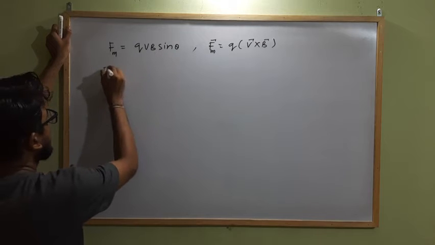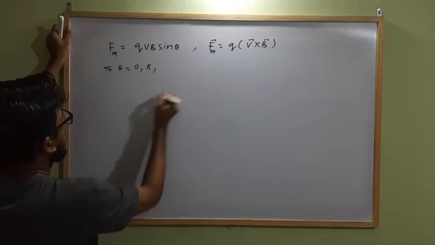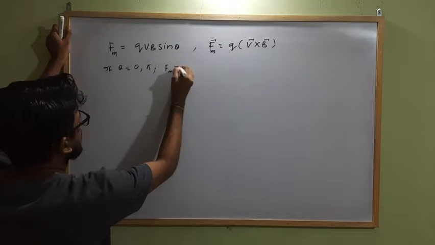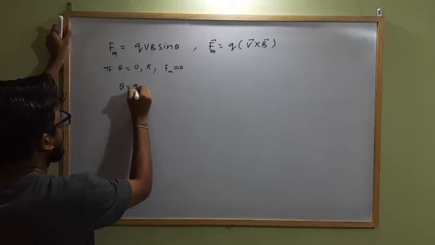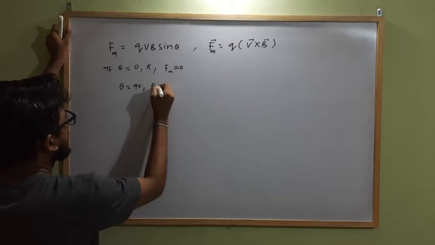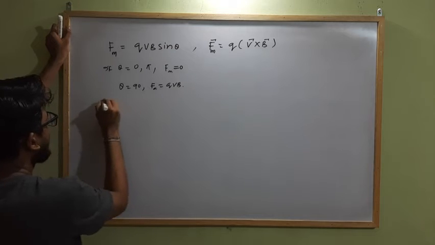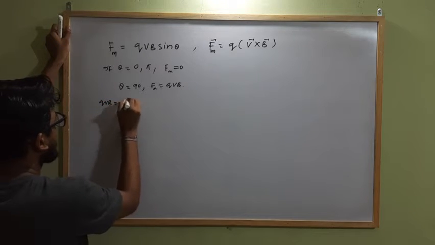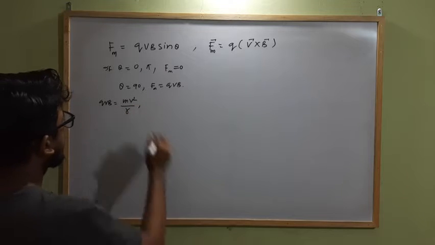From this, if theta equals 0 or pi, Fm equals 0, so there is no magnetic force acting on the moving charge. If theta equals 90 degrees, Fm is maximum, that is QVB, and this equals the centripetal force for which the charged particle rotates in a circular path.